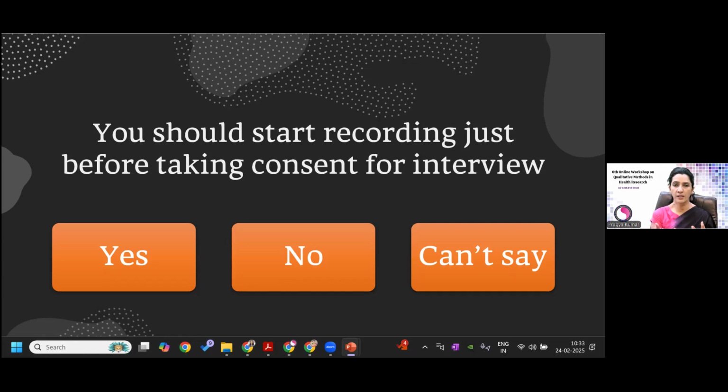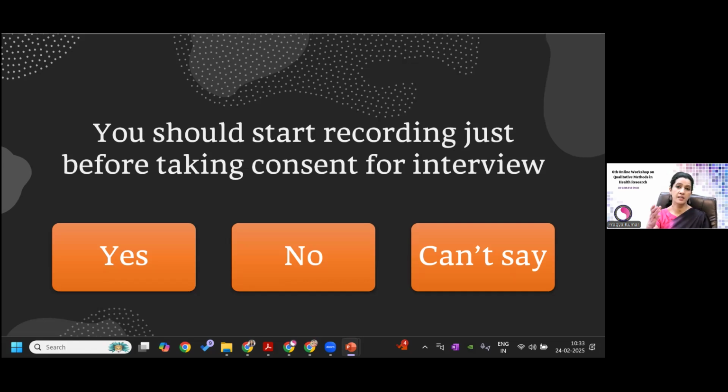If you record it, you will have to listen to that much in the recording. So what we generally do is start recording just before taking consent. After the initial part, we tell them the purpose of our visit, we give them the participant information sheet, we talk to them, and we introduce ourselves. All those things we generally don't record.